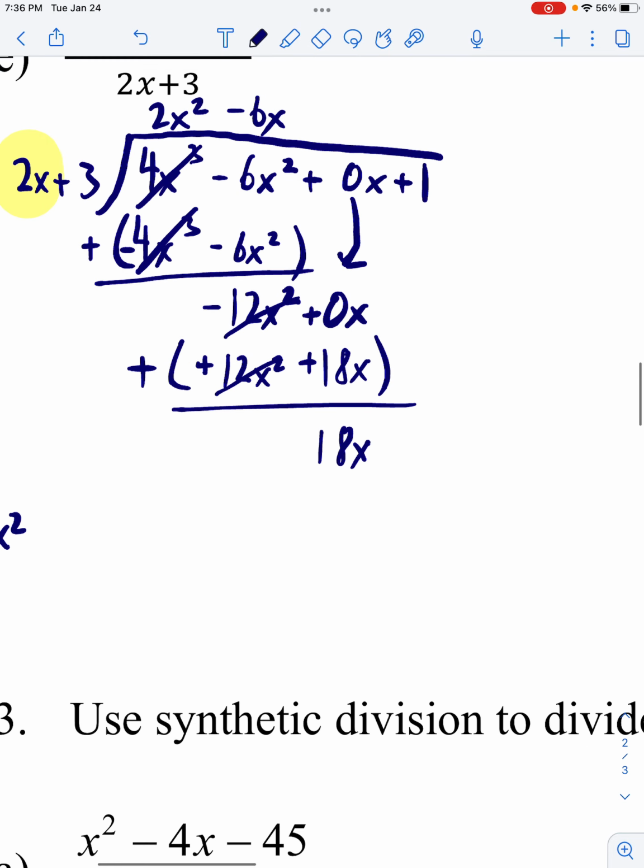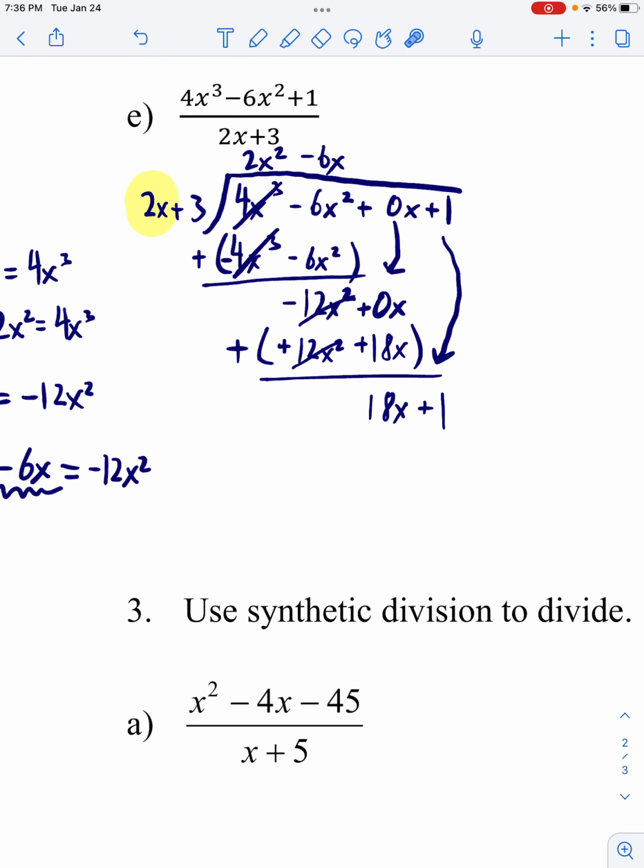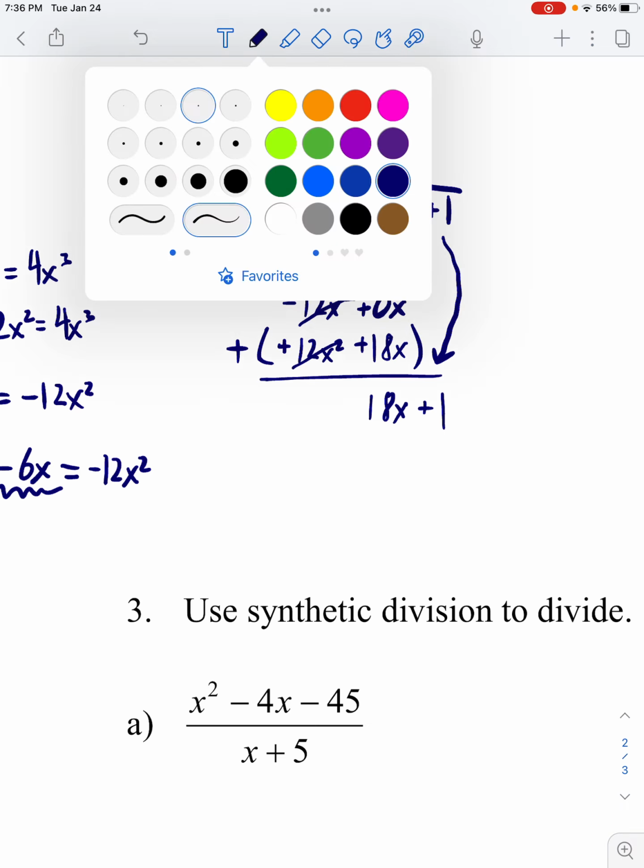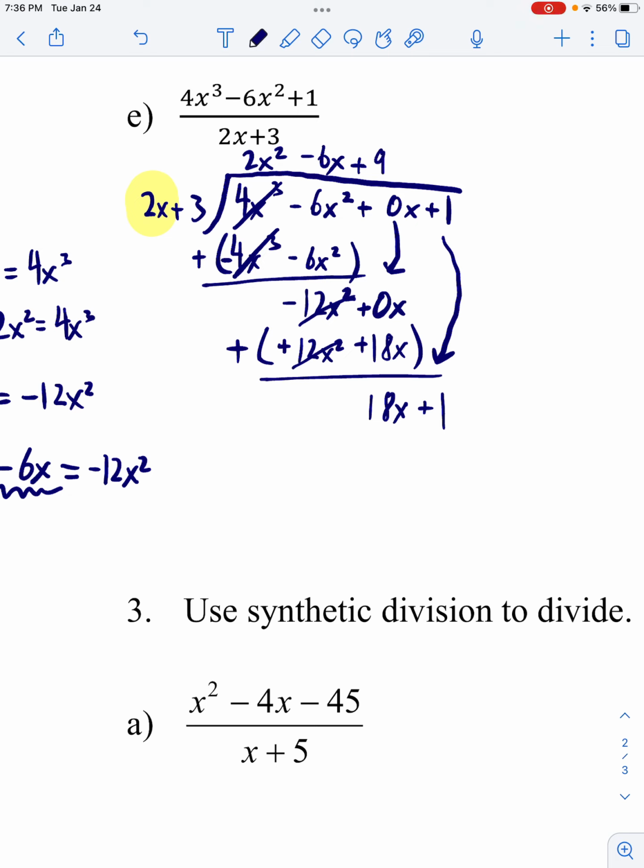All right, then we drop down the 1 and do the algorithm one more time. 2x times 9 gives me 18x, so I'm going to write a plus 9 up here. Then multiply that 9. 9 times 2x is 18x, and 9 times 3 is 27.